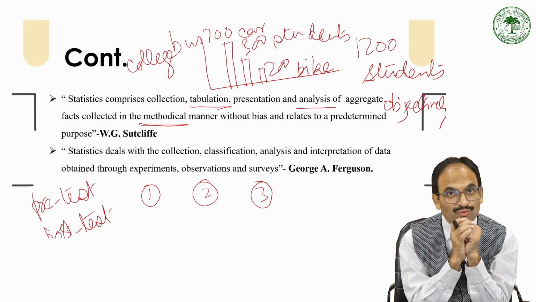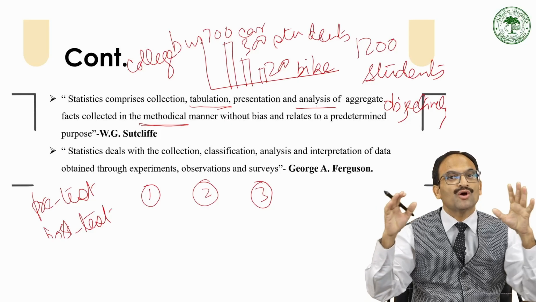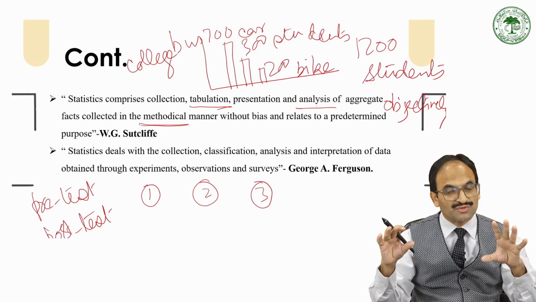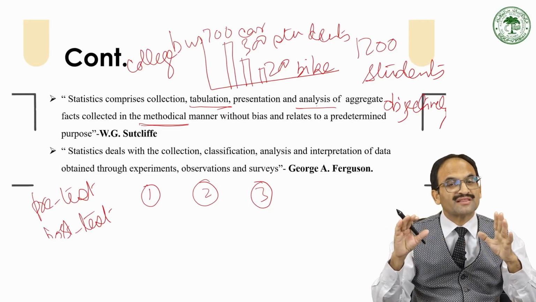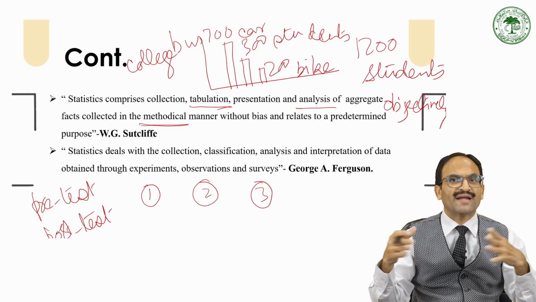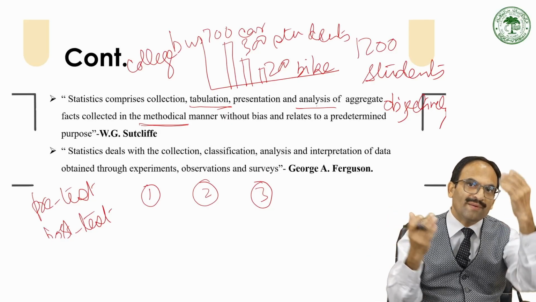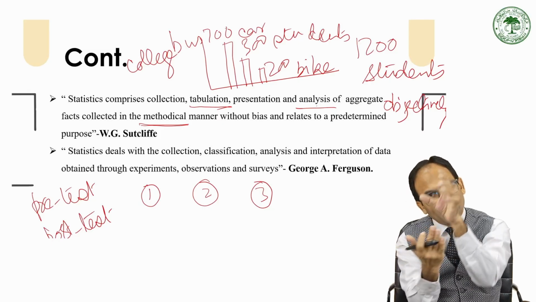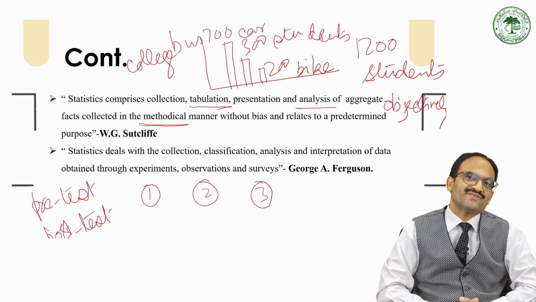So, what will I do? I will collect 1000 students who have just passed class 10th, or who are about to appear in the 10th class exam, something like that, depending upon the situation. And I will take the data. Suppose they have passed class 10th, so I will see how many marks they have scored.